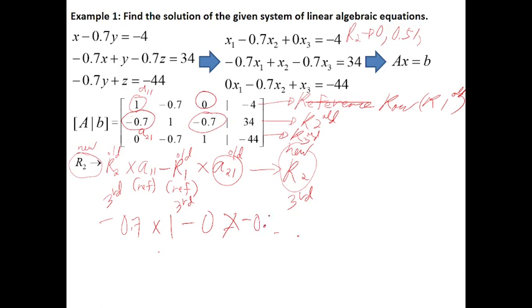Negative 0.7. So what is the answer? Negative 0.7. So for row 2, these are the new values. And then we continue until we reach the fourth.